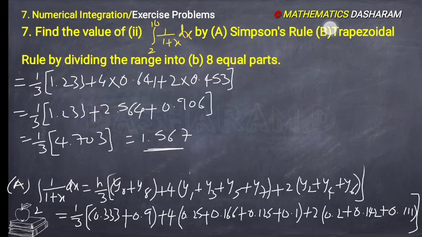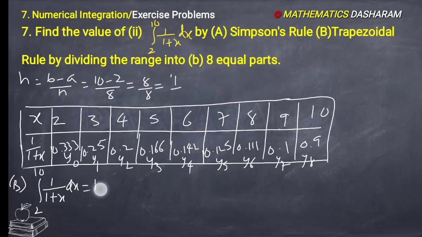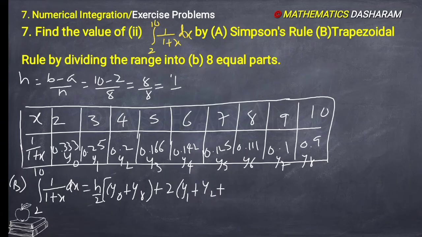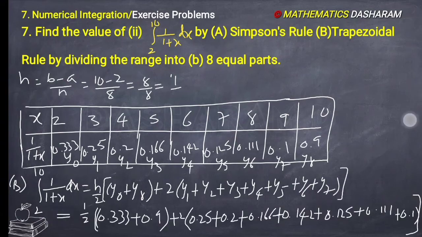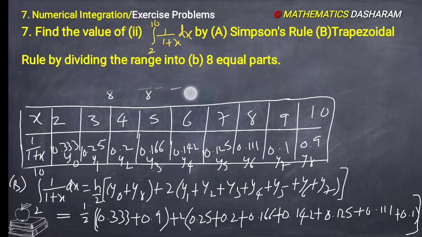Next, by using the trapezoidal rule, let's find out the answer. So it is equal to h by 2 bracket of the sum of the first and last ordinates plus 2 into the sum of the remaining ordinates. So y1 plus y2 plus y3 plus y4 plus y5 plus y6 plus y7. Substitute the values in this. So let's simplify this.